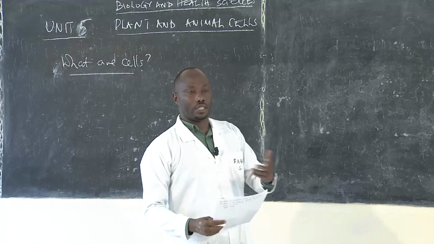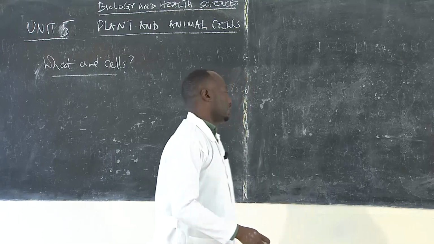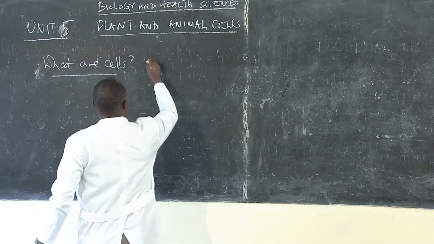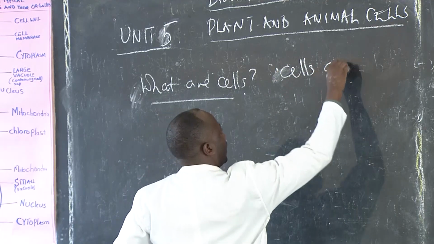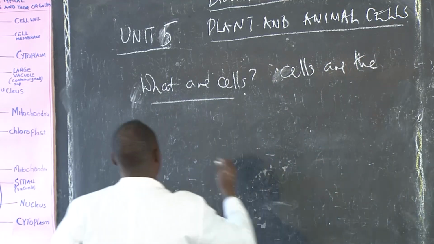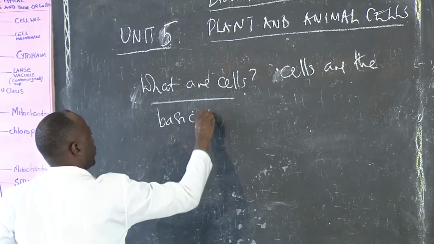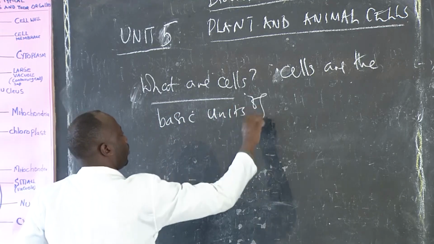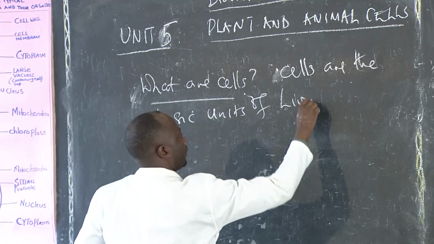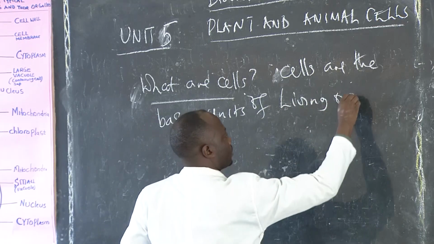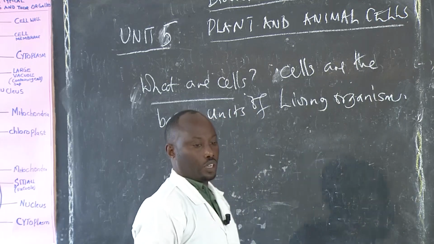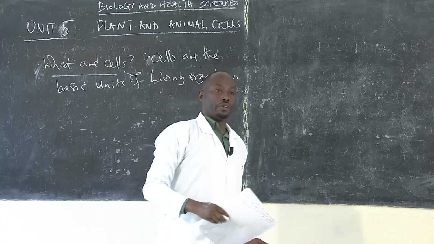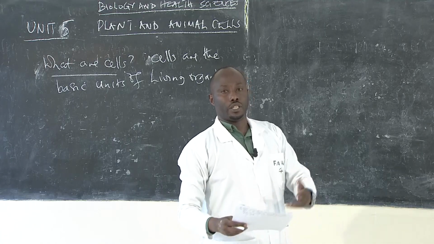You can say cells are the basic units of living organisms. All right? So the basic units of living organisms are called cells.